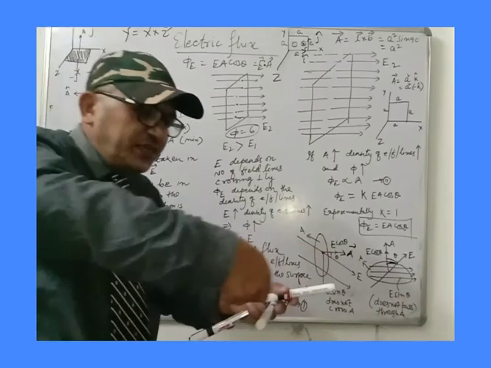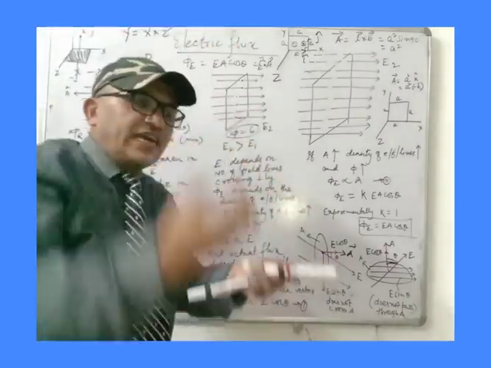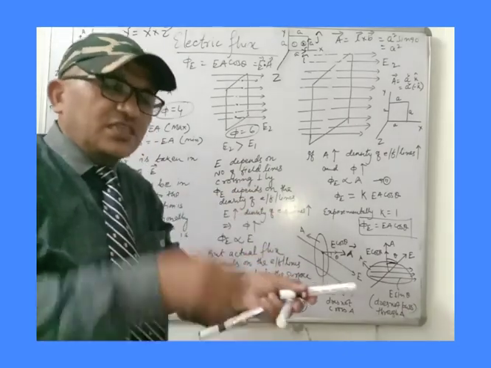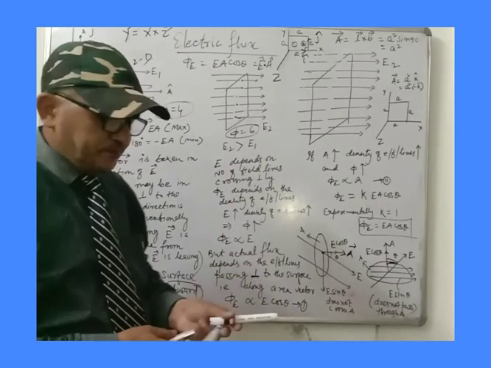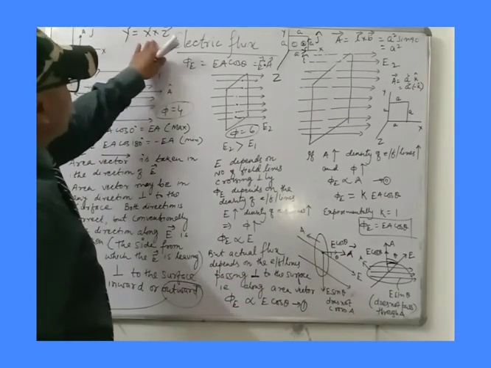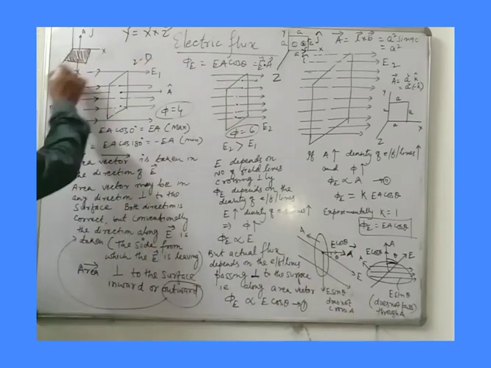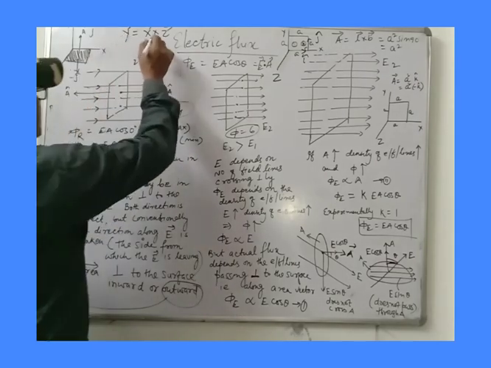A to B inside, B to A outward. So both directions are possible for the third vector produced by the cross product. Okay, y equals x cross z. X cross z direction will be y. Clear?